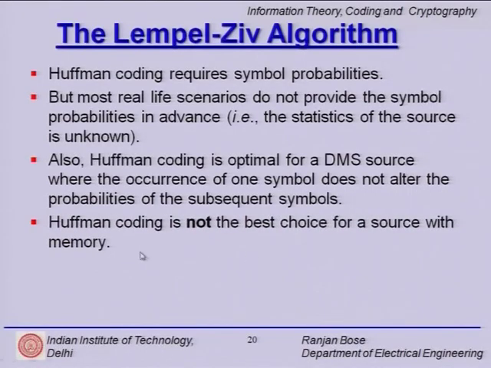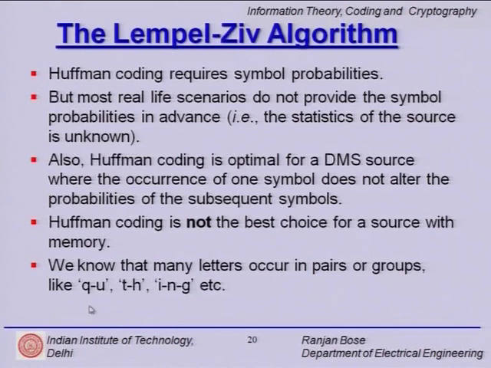So clearly Huffman coding is not the best choice for a source with memory, and we have those sources in real life. We looked at this example: Q followed by U, or TH or ING, do occur more frequently.